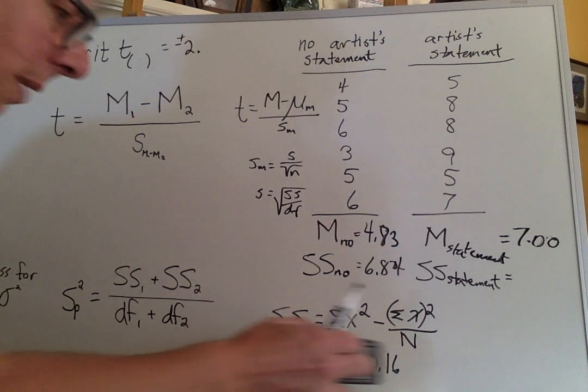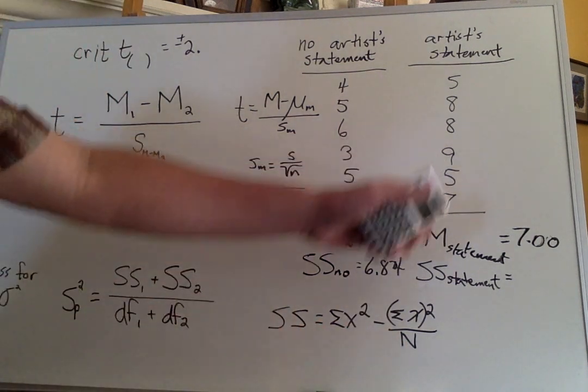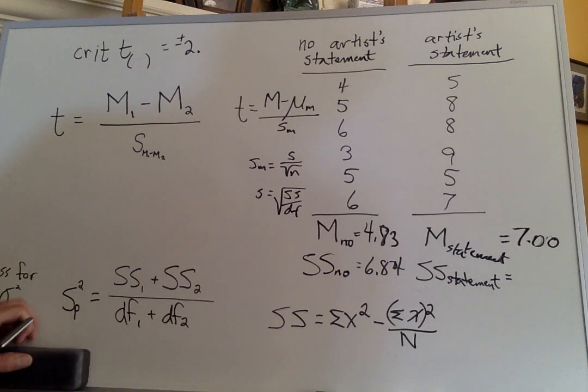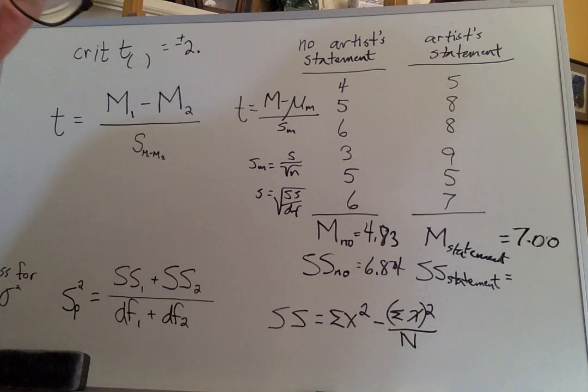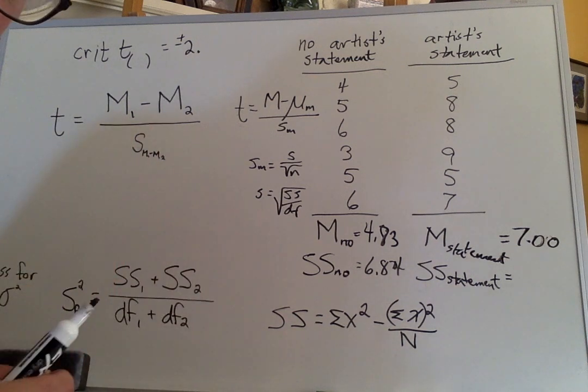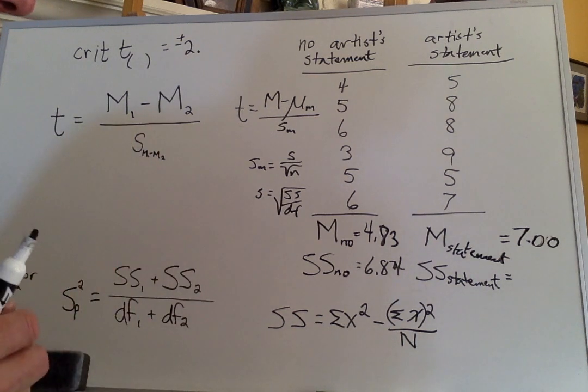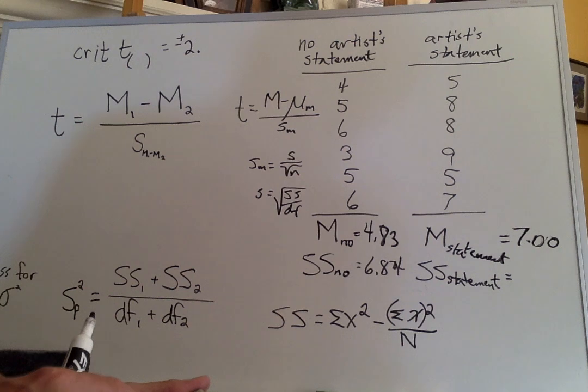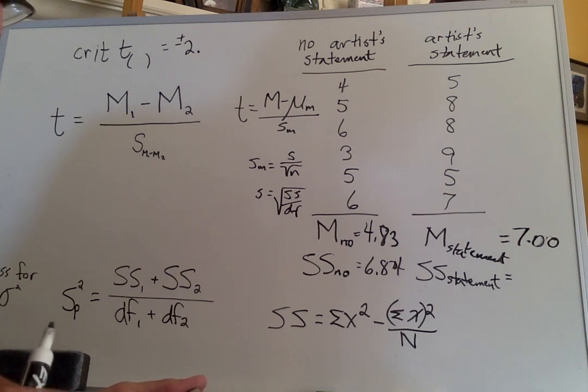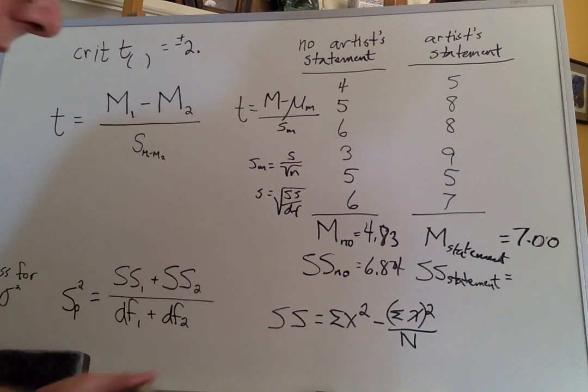Now let's do the sum of squares for the second group. Okay, everybody with me? I'm going a little bit faster here because I'm assuming that you're good, because we've done this before. Okay, let's do the second one. 25 plus 64 plus 64 plus 81 plus 25 plus 49. Boy, it's good to know my squares.